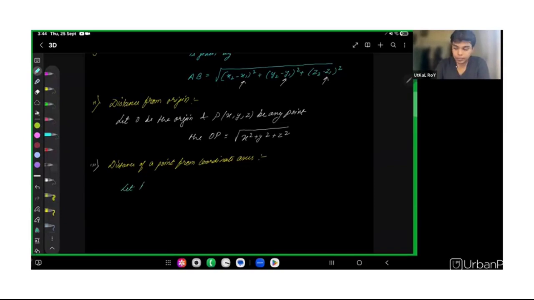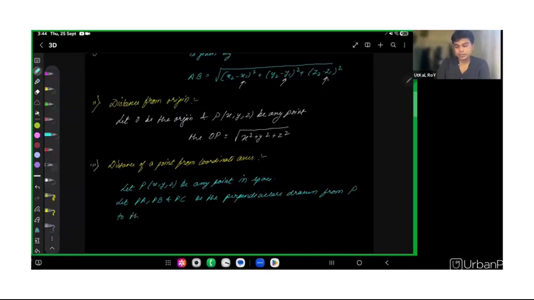Let P (x, y, z) be any point in space. Let PA, PB, and PC be the perpendiculars drawn from P to the axes OX, OY, and OZ respectively.